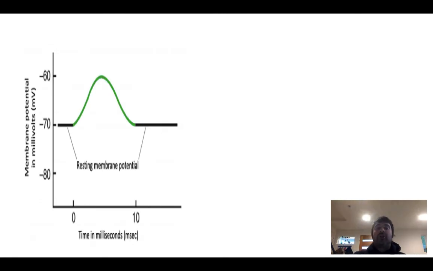So think about the image you're looking at here. How would you characterize this shift? Well, is this cell becoming more positive, or is it becoming more negative? If it's becoming more positive, you would refer to this as being a depolarizing shift. If it's becoming more negative, it would be a hyperpolarizing shift. What ions could cause that to happen?